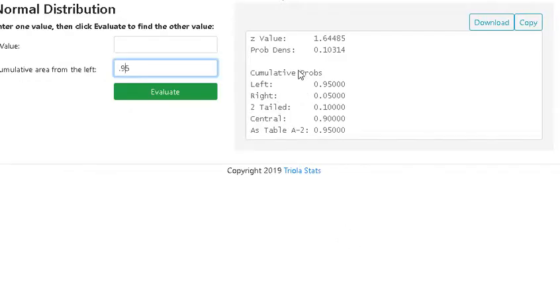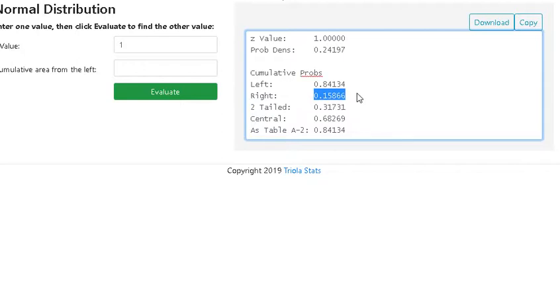So let's see if we can't figure out what that area is to the right of z equal 1. I'll get rid of this. I'll type in a z value of 1. The area to the right of that is 0.15866. Is that less than my significance level of 0.05? No. It's not.